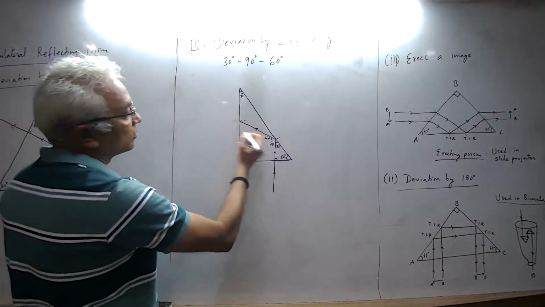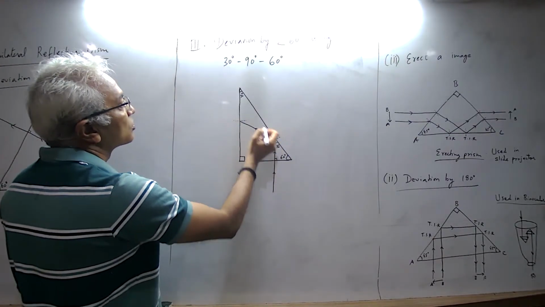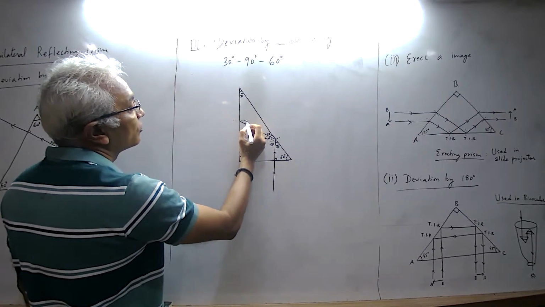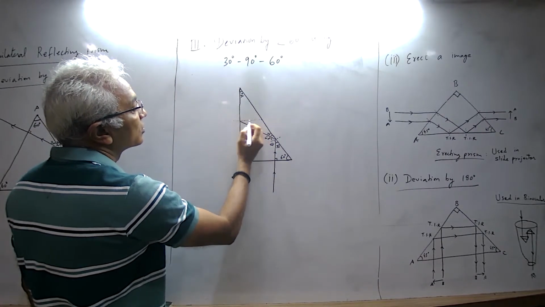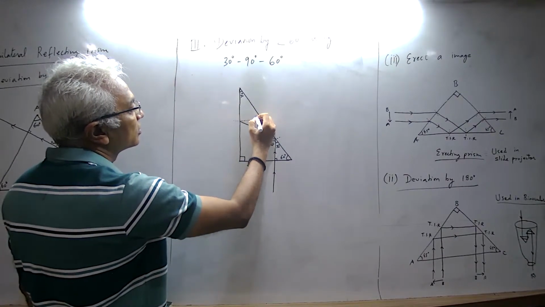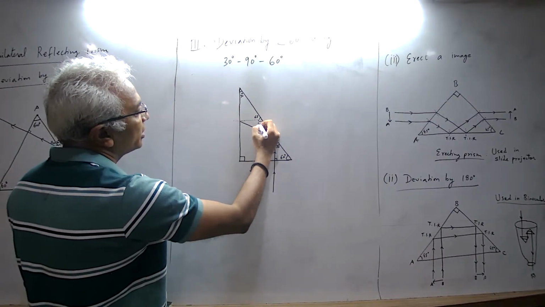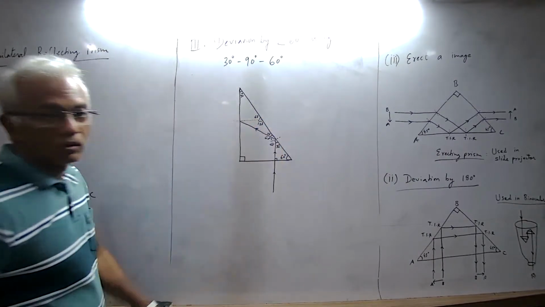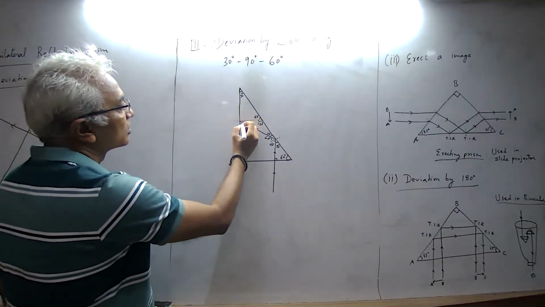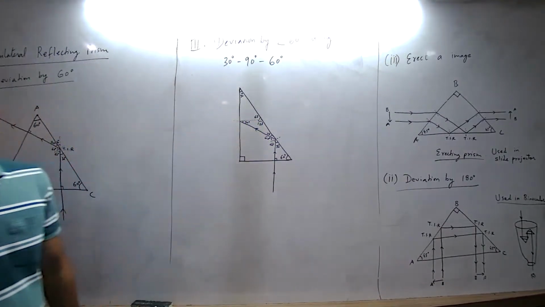Look, if this is 60, this also will be 30. So 30, 30, right? If you extend it further, what should it be? This should be 60. So how much should this be? 120. Linear pair is formed, right? 30, 120. So how much should this be? 30. Correct?